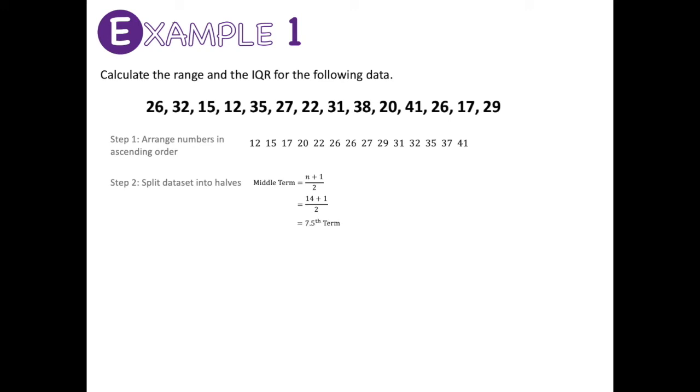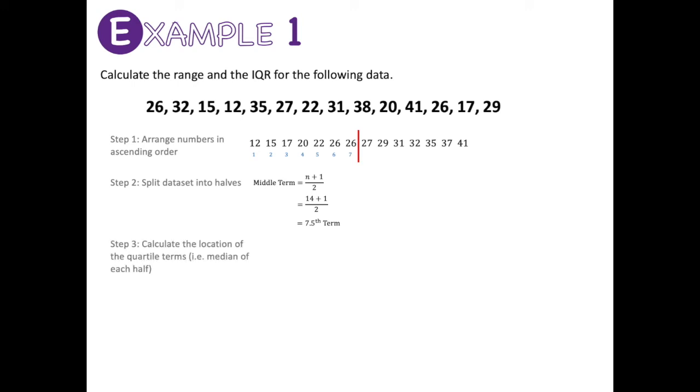So my middle, where I can split my data set into two halves, is going to be between my 7th term and my 8th term. If I count from the beginning to my 7th term, I can draw a line down, and that is going to split my data set into two halves. So in my first half, I'm going to have 7 numbers, and in my second half, I'm going to have 7 numbers again.